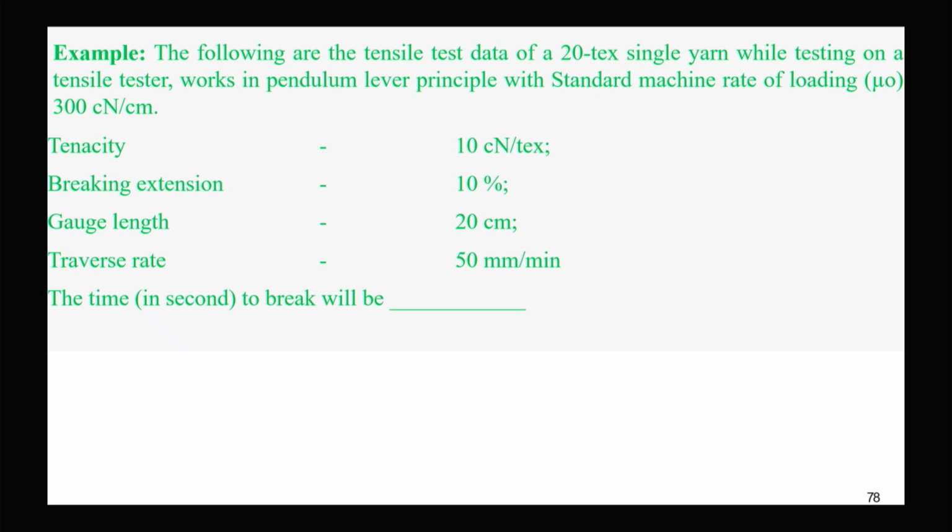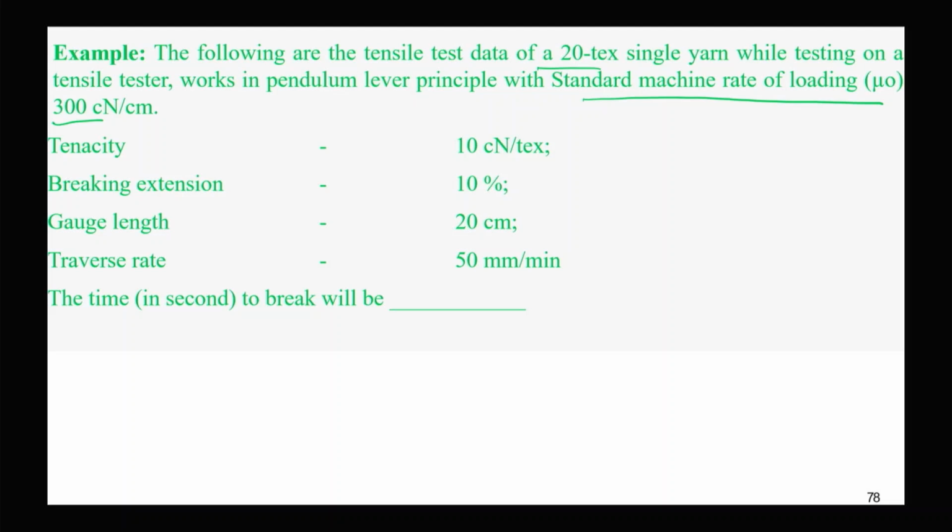Now try to solve another numerical. The following data of 20 tex yarn tested in pendulum lever principle, where standard machine rate of loading mu 0 is given as 300 centinewton per centimeter.